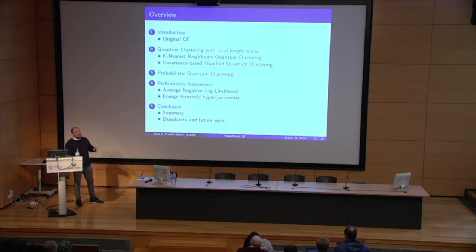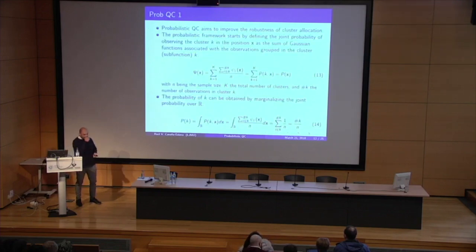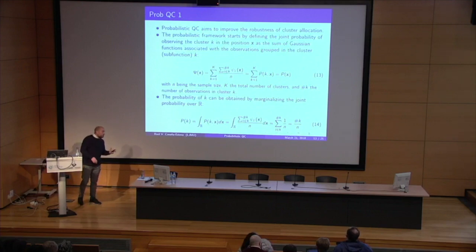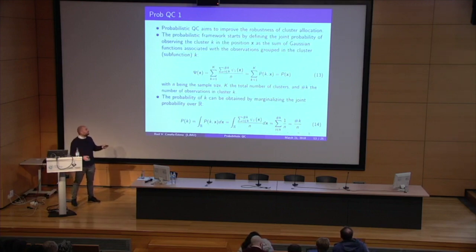It is a probabilistic framework that allows us to use a probabilistic quantum allocation that works very well. The idea is to define a joint probability, considering that the wave function could be seen as a probability function to find that particle in our input space.